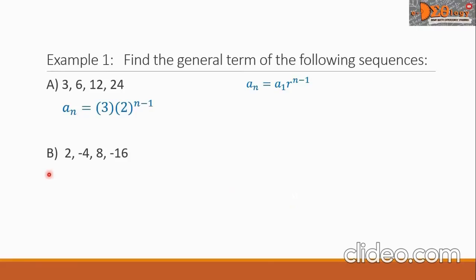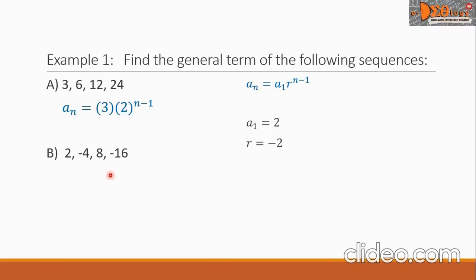Let us proceed with problem B. The first term is 2, second term is negative 4, third term is 8, fourth term is negative 16. Let us collect the first term, that is 2, and the common ratio is negative 2.